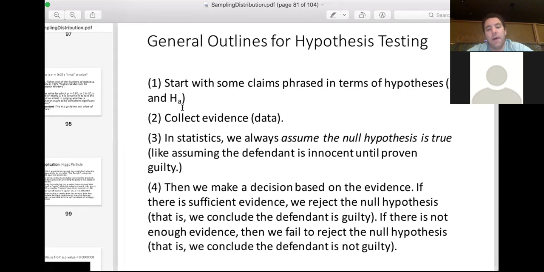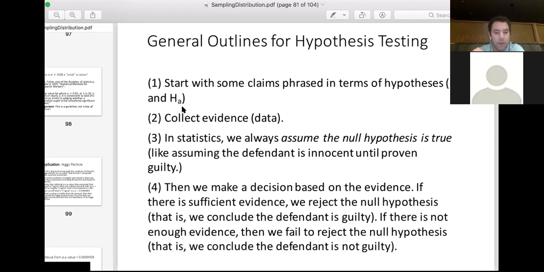Your second step is to collect the data. In statistics, we always assume that the null hypothesis is true, that there is no effect, and then we make a decision based on the evidence.